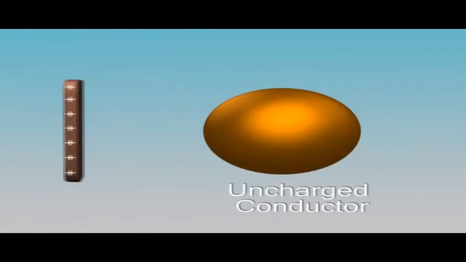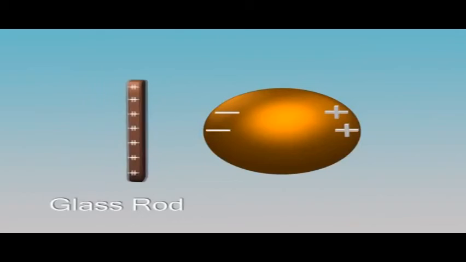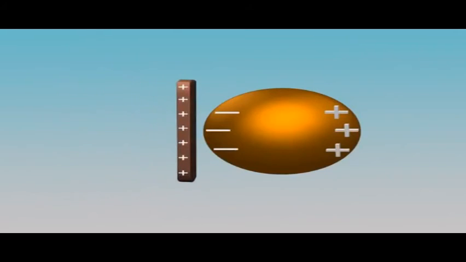A positively charged glass rod is brought close to an uncharged conductor. This induces an opposite, that is, negative charge on the closer end of the conductor. The opposite end gets induced with the positive charge. Now the positive end of the conductor is earthed.